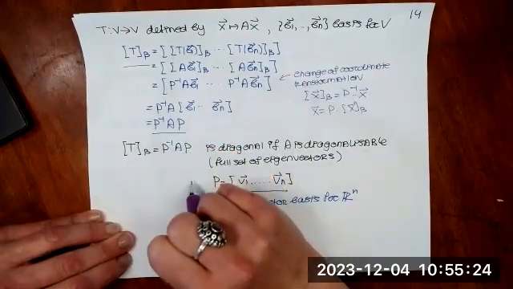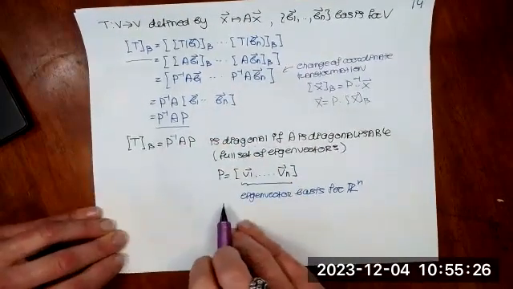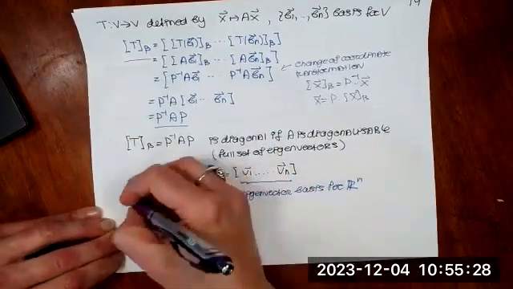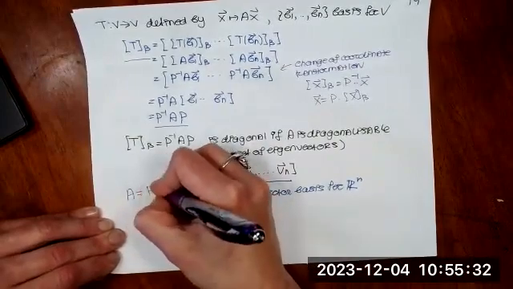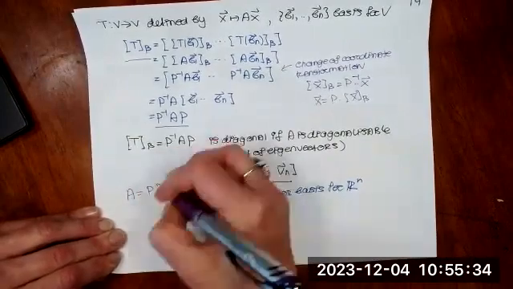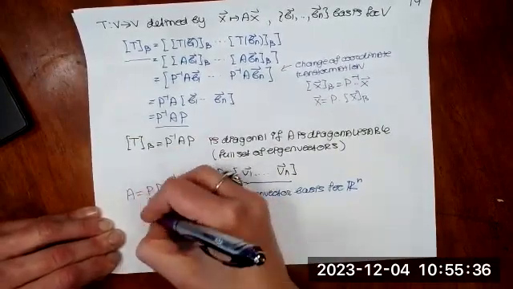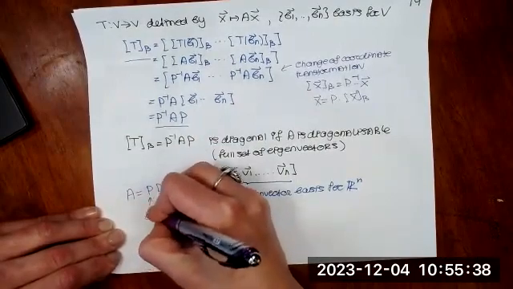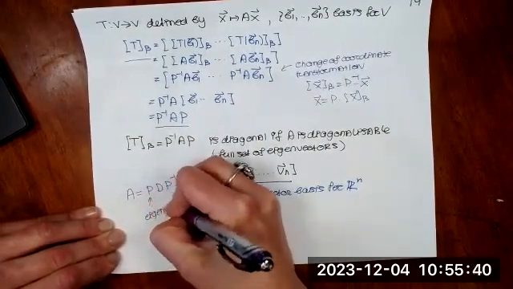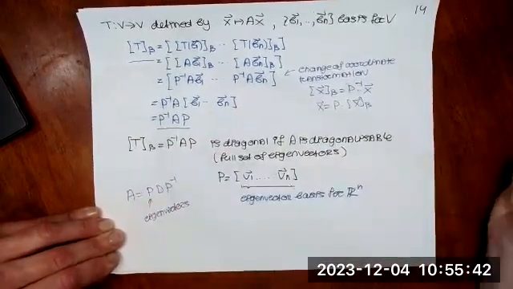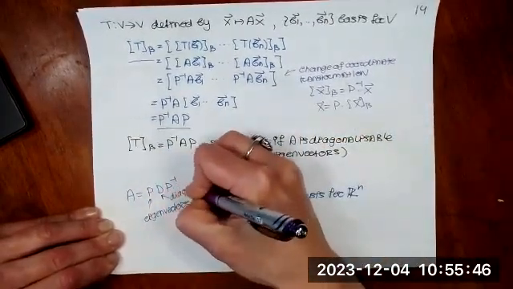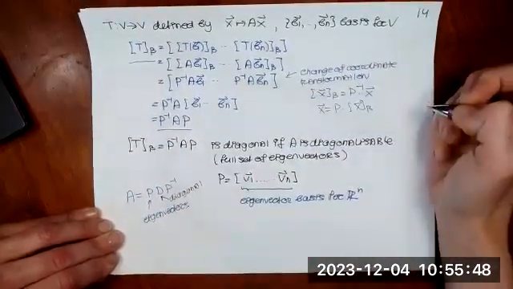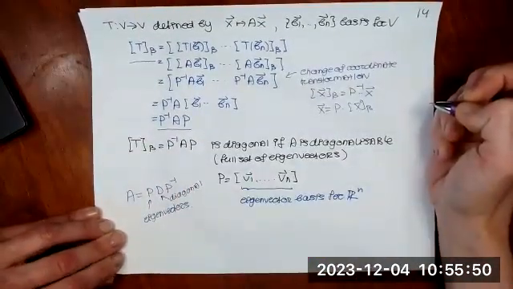But remember when we did diagonalization, A equals P D P inverse if P consists of eigenvectors, and D is diagonal with eigenvalues on the diagonal.